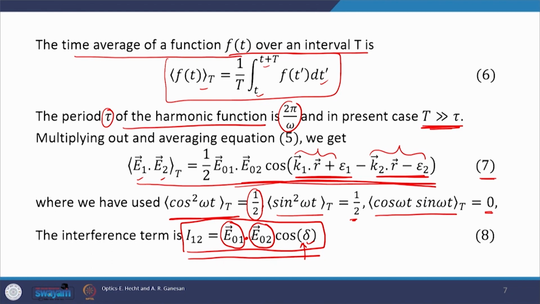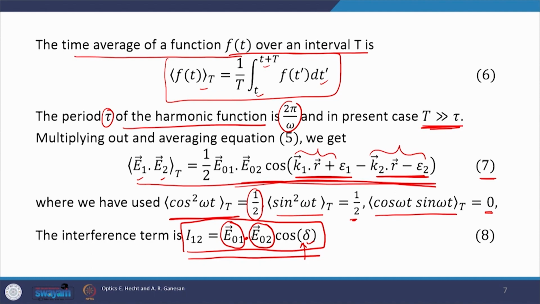E naught 1 and E naught 2 are the amplitudes of the two waves, and the information of direction is also embedded in them. And what is the information of direction? It means the polarization information. The polarization information is embedded in these amplitudes. Now, we are taking the dot product between the two vectors. Therefore, polarization also comes into the picture.